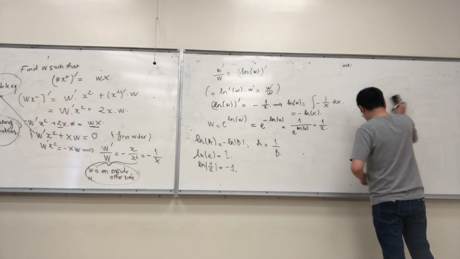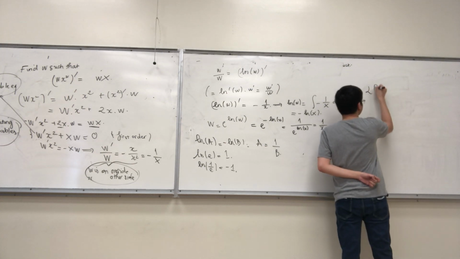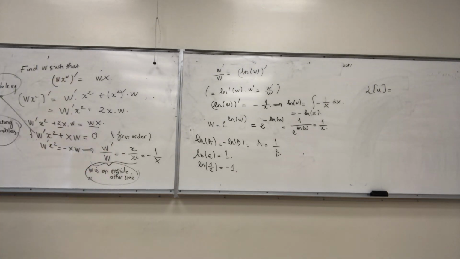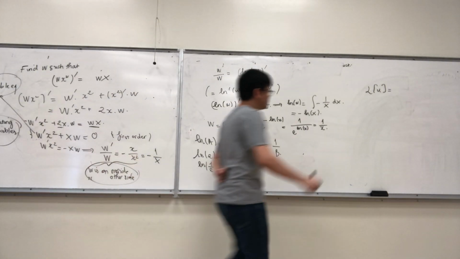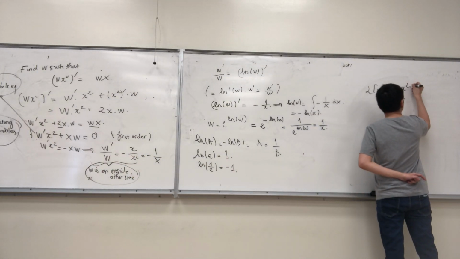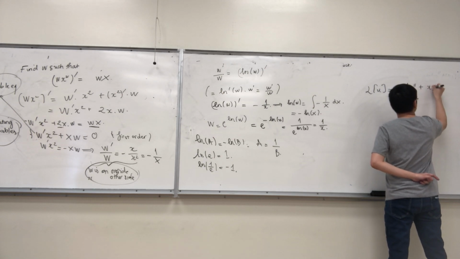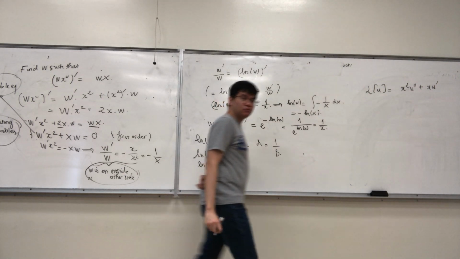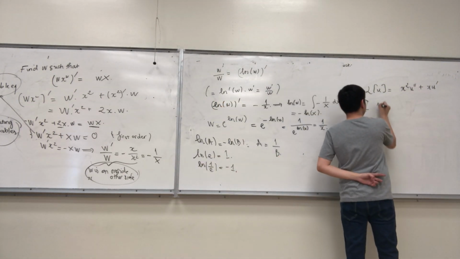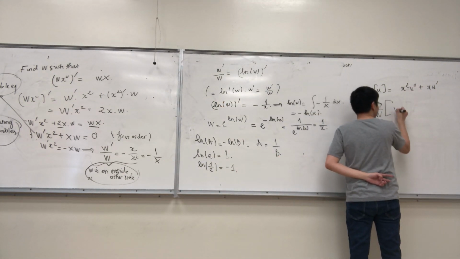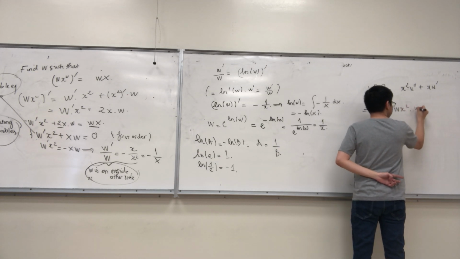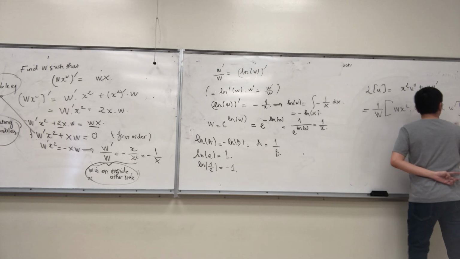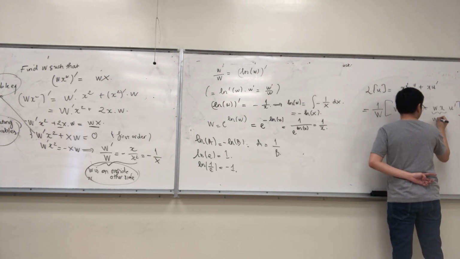So we have what? We have L of u is x squared u double prime plus x u prime. What we do is try to write this as 1 over w times (w x squared u prime)' ... that is, 1 over w times [w x squared u double prime plus (w x squared)' u prime].